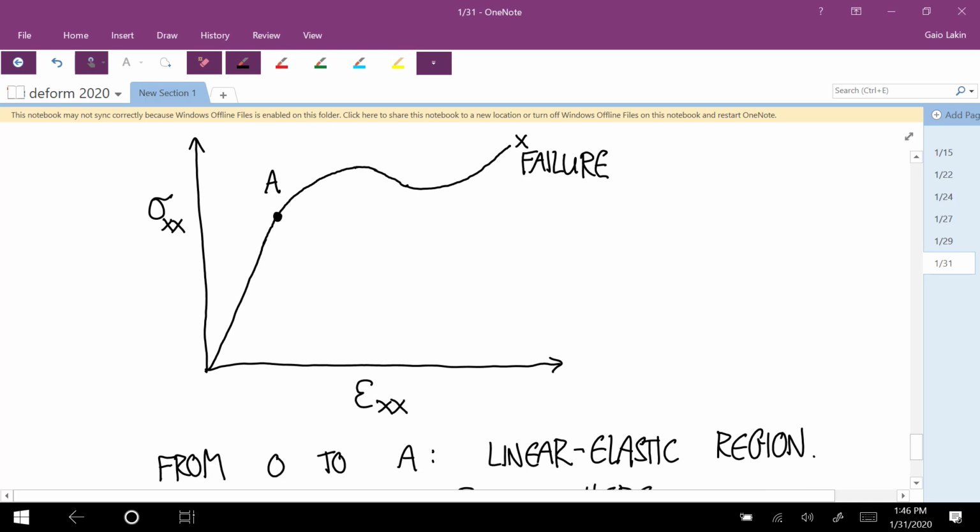Okay, so for deformations up to this size, you can load it as much as you want up here. When you let go of that force, it returns back to its original shape. But right around here, when you hit the end of that linear elastic region, if you stretch it past that point and let go, it's going to be longer than it was. It's going to have a permanent deformation.